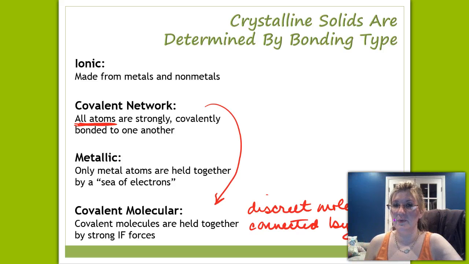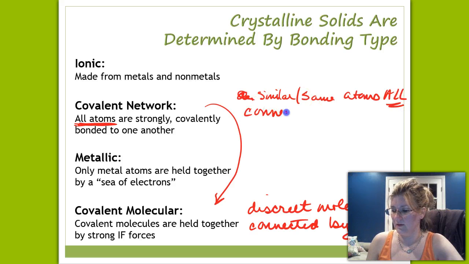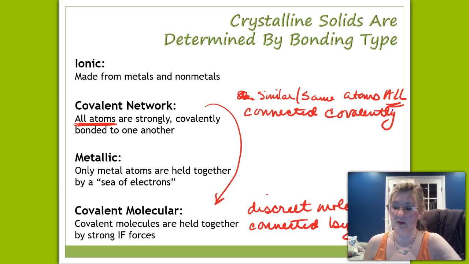In a covalent network solid, you have similar or the same atoms, all connected covalently or with covalent bonds, that is sharing electrons.